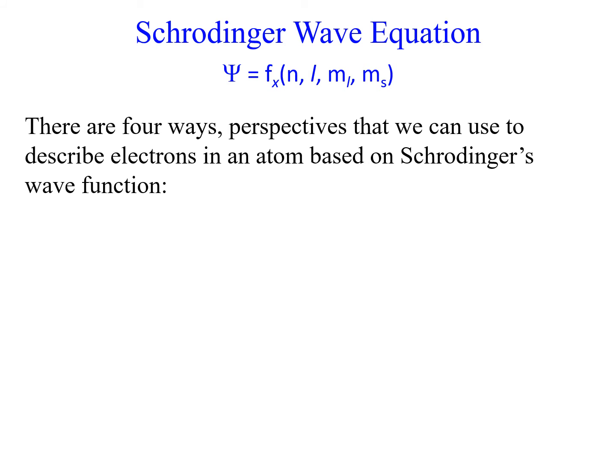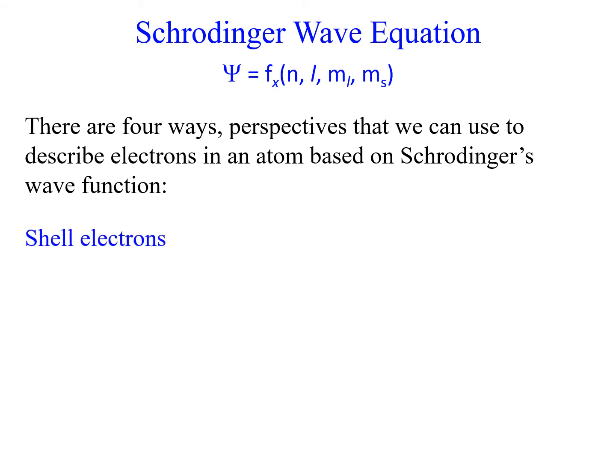have an energy level, a shape of an orbital, an orientation of an orbital, and given that 2 electrons can occupy an orbital, we have a spin. So I'm going to put some perspectives, or 4 different ways to describe atoms based on Schrodinger's wave equation. I want you to get used to these, and this is an introductory slide for the description of types of electrons.